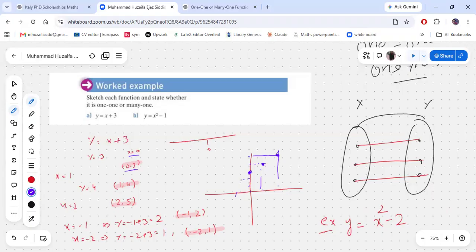Yes, sir. So when we have (-2, 1), x = -2. This is -2 and this is -1. Look at here. So we are making the graphical representation, which looks like this.